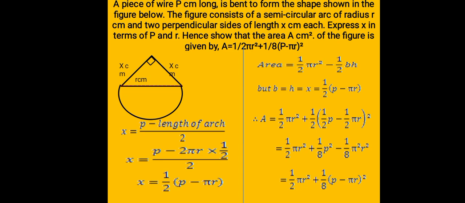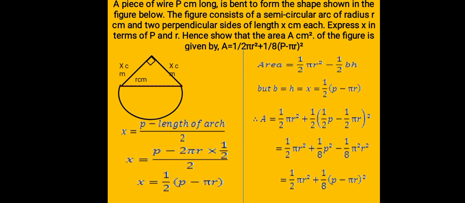Now, the length of the arc plus 2x is equal to the length of the wire. The length x, or the length of the radius, is equal to the length of the whole wire minus the length of the arc, and then divide by 2, we get the radius, or x.